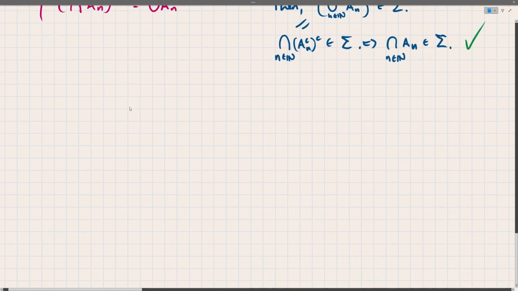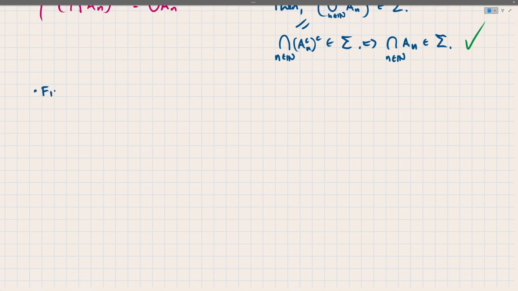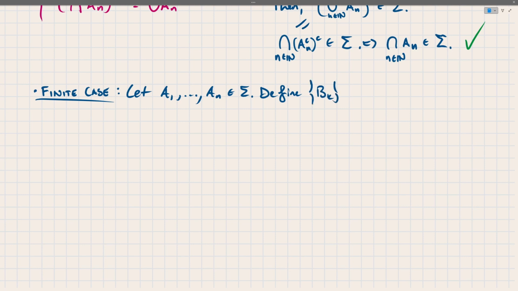Now for the finite case, it's easy. We're going to exploit the fact that we just proved the countable case. It's going to look very similar to what we did for unions. So I'm going to pick our finite collection of measurable sets, and then I'm going to define a countable sequence, B_k, indexed by the naturals, in an almost identical manner.